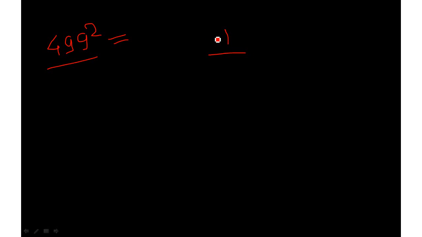We add 0 here and now minus this 1 from this number and we get 498. Multiply this with 5 and we get 2490, because there is no carry, so directly write down here 50 94 2.